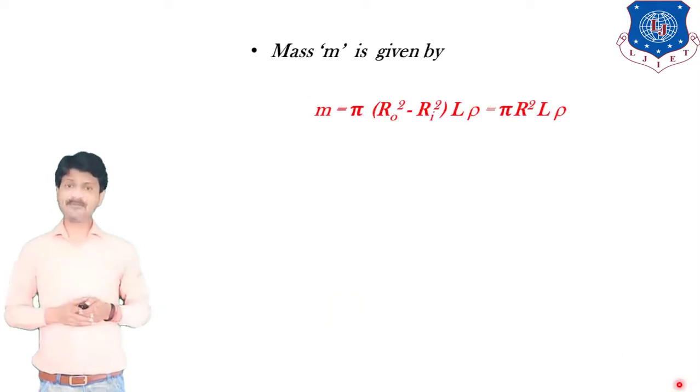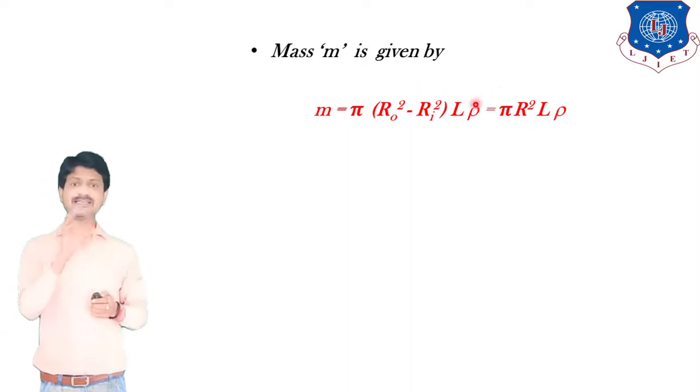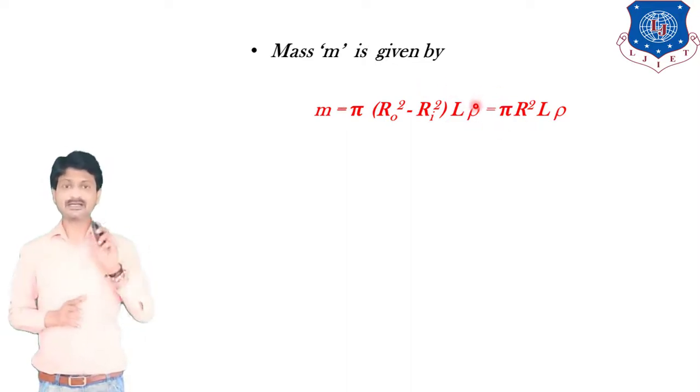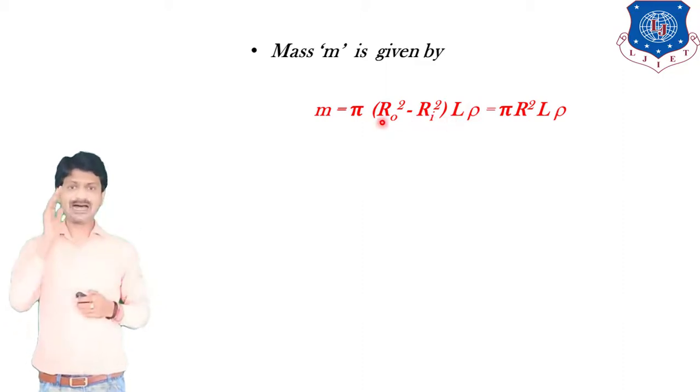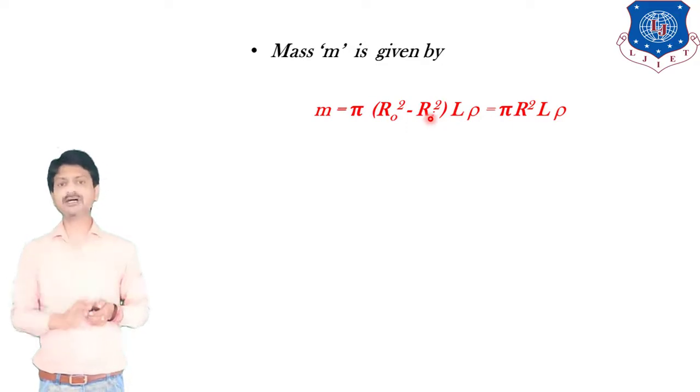The mass M is given by pi times Ro square minus Ri square into L into rho. Here we have used the basic formula, mass equals density into volume. Here density is rho, and the term pi times Ro square minus Ri square into L is nothing but the volume of the cylinder.